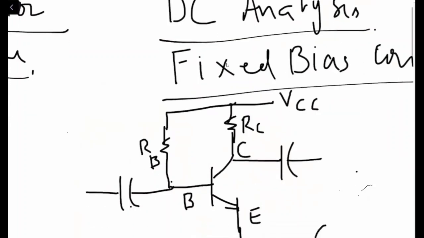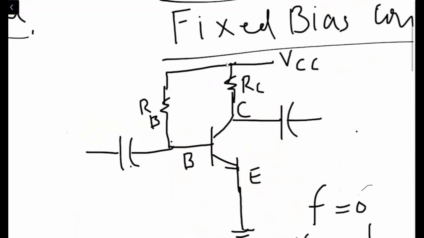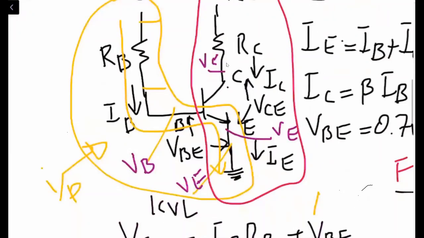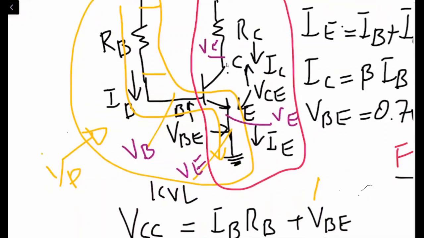Because the emitter is common in the input side as well as the output side, the output characteristic curves will be the same as the output characteristic curves which we have seen in the case of the common emitter configuration circuit, right?